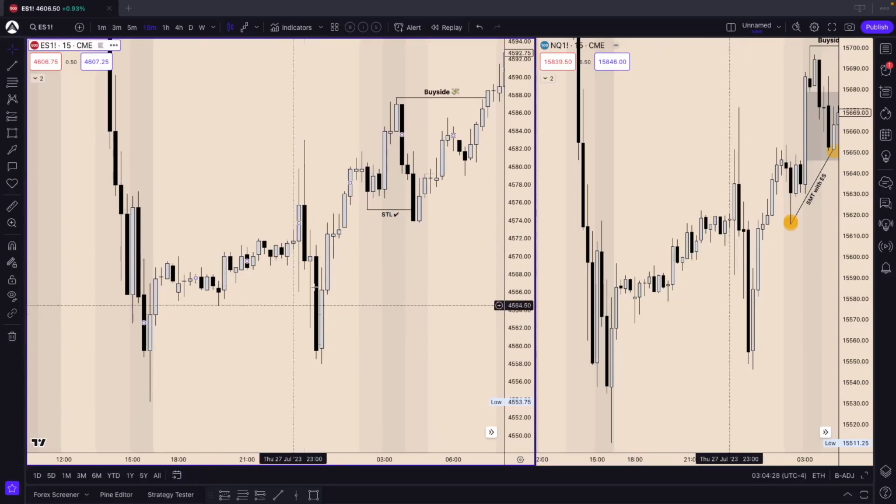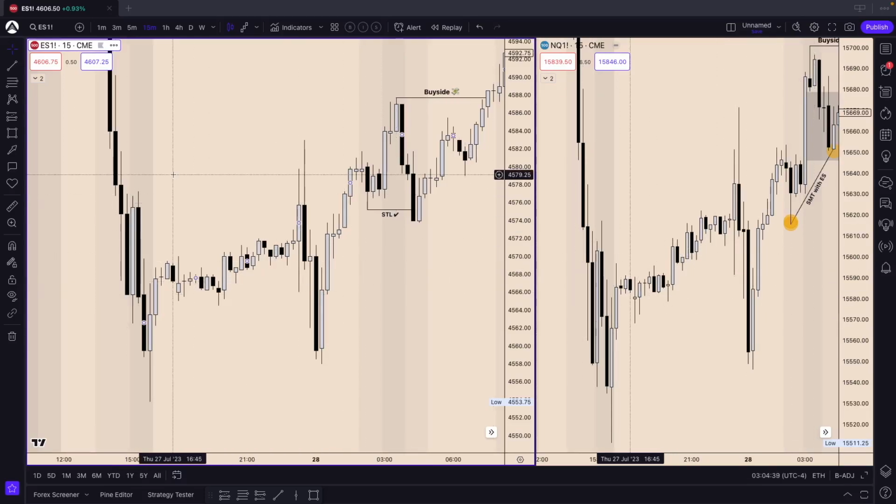We had very similar price actions, so the correlation is still intact, and we can see that ES and NQ are highly correlated pairs. But the times where we do not see this correlation, that's going to be interesting, because we can use this as an indication for what's going to happen in the future.